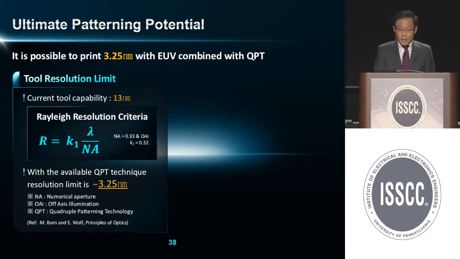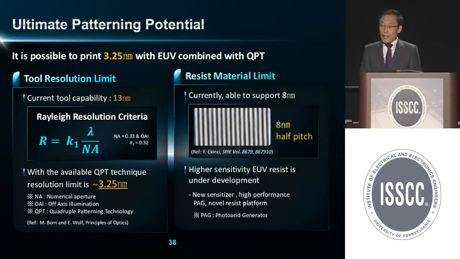But we are currently able to print only 8 nanometer half pitch with existing resist materials, which is far above the resolution limit. In order to better serve EUV technology, new resist materials will need to be developed.